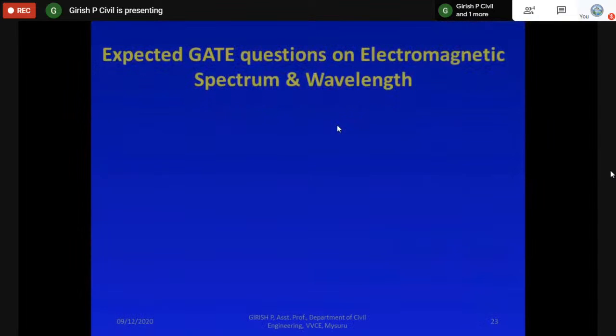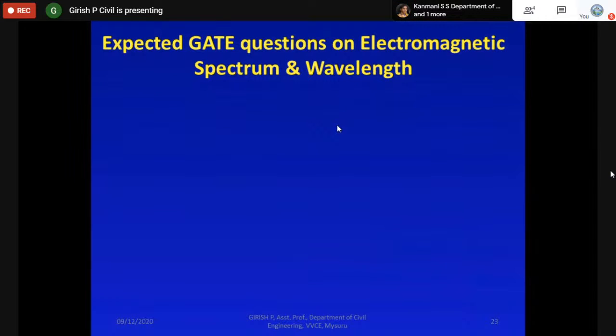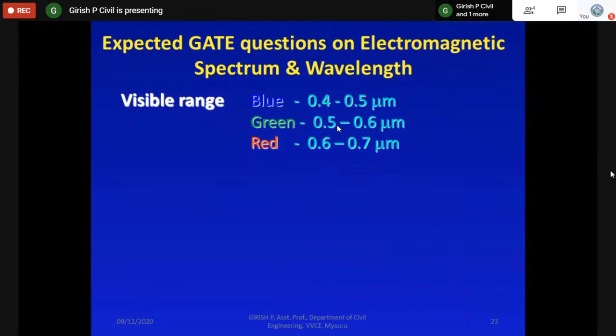Furthermore, coming to the electromagnetic spectrum, most of the time we always expect questions focusing on the wavelength of the visible range, particularly the blue, green, and red colors. In between are various shades of color, but we always focus on the important set of colors like blue, green, red.